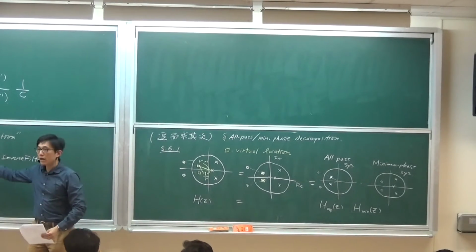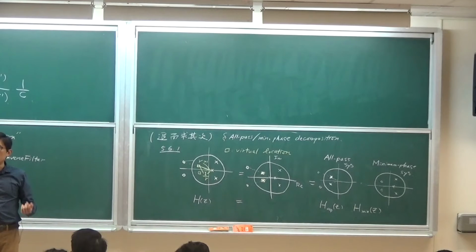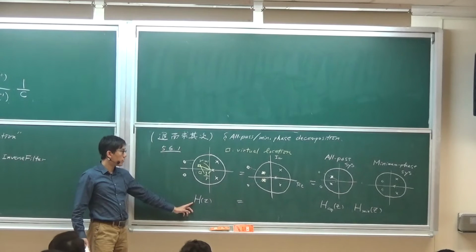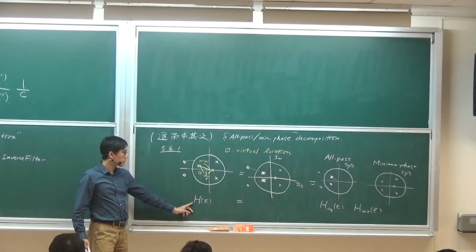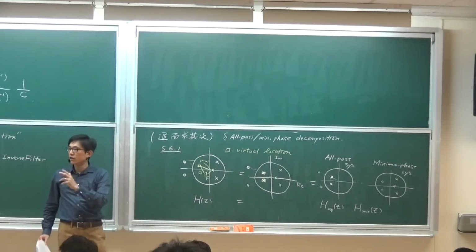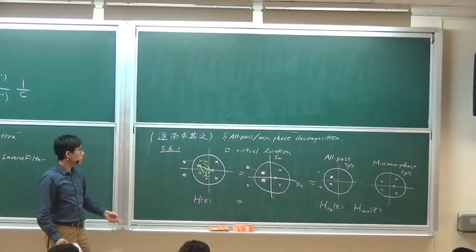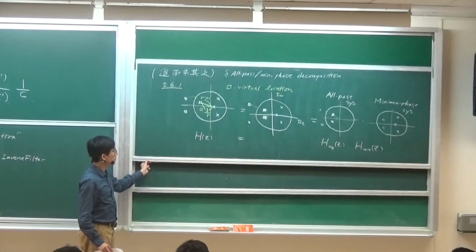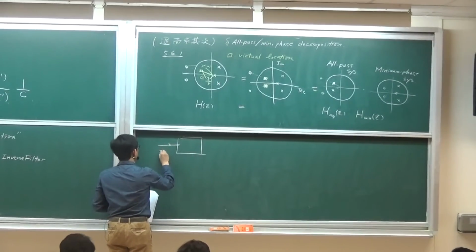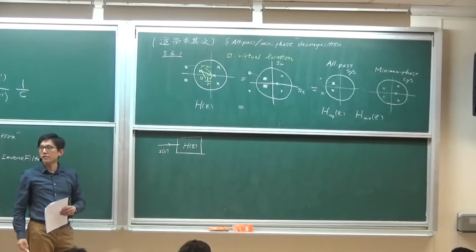And why did I say this is the second thing you can do? Because back in the scenario of trying to invert the system, if the system has any zero outside, we cannot construct a causal stable inverse. But what we can do instead is this: say now we have x of n as the input and H of z being causal and stable but not necessarily minimum phase.